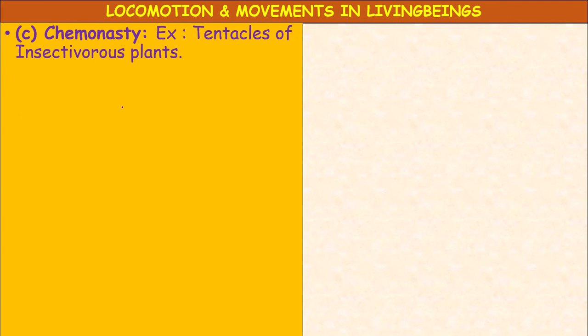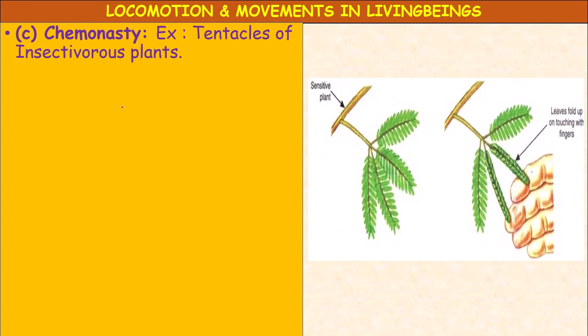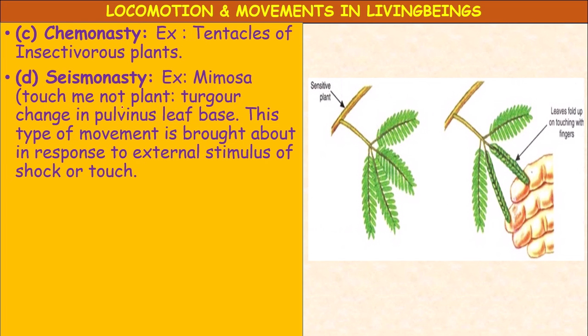Next, chemonasty. Chemonasty, once again, example: tentacles of insectivorous plants. Next, seismonasty. Seismonasty, for example, Mimosa pudica, the touch-me-not plant. The turgor change in the pulvinous leaf base.